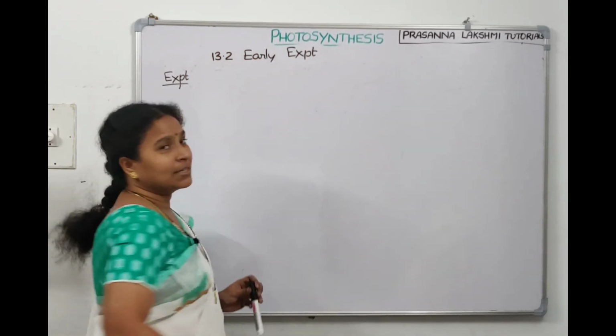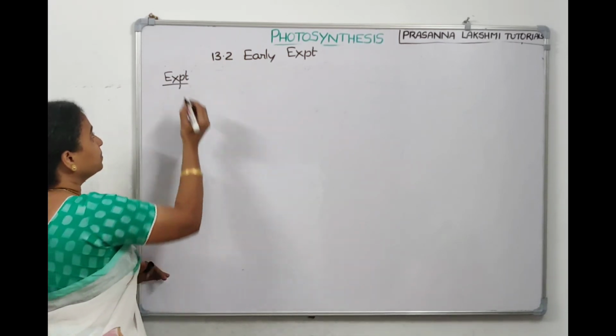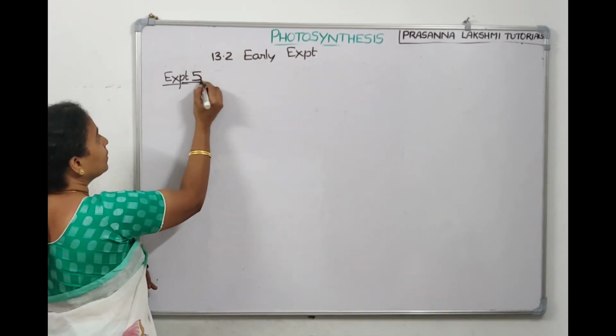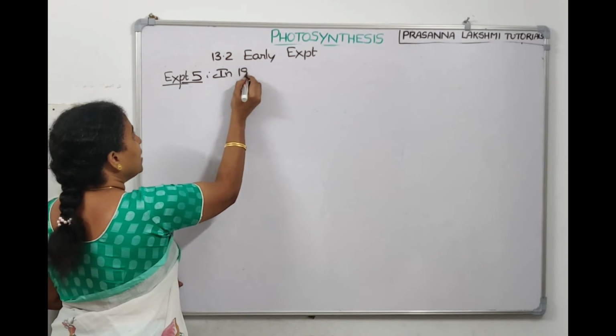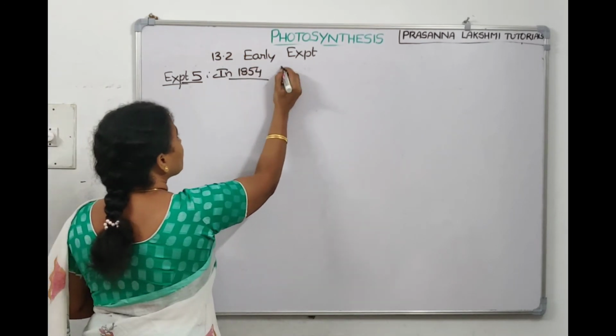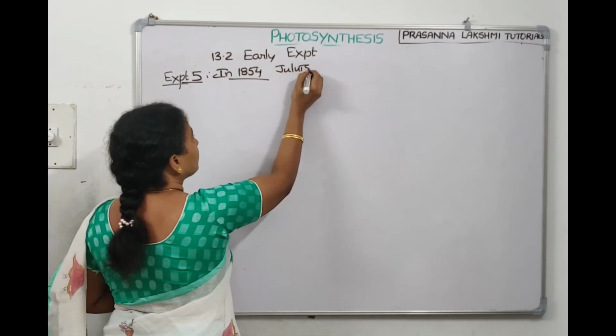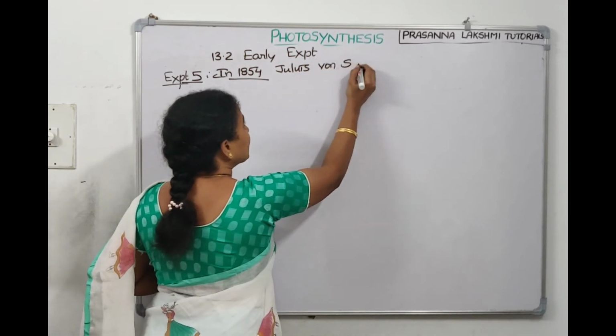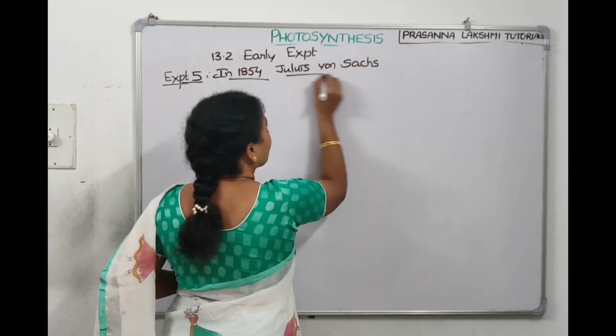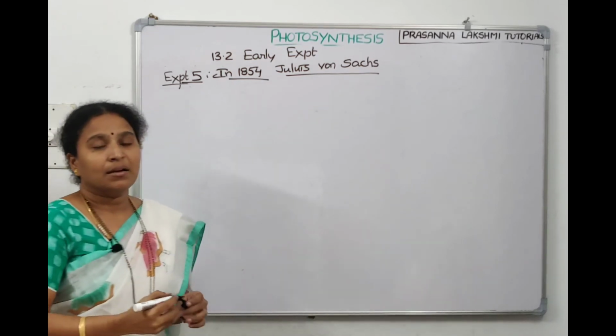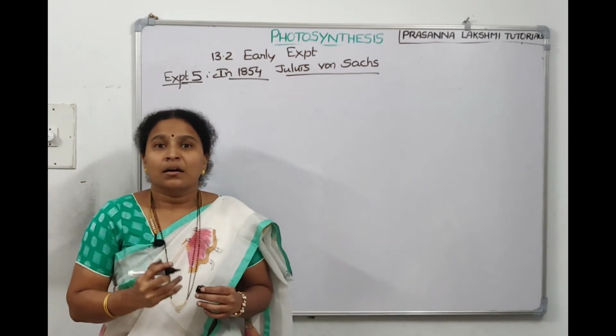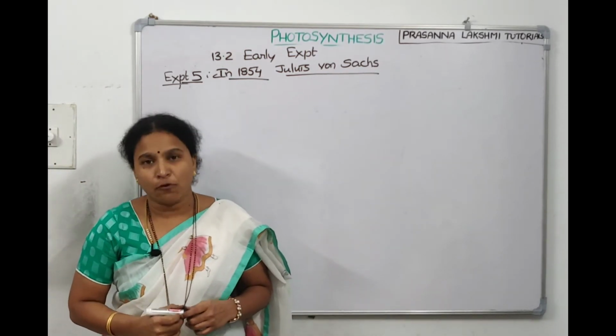He is the same scientist here. So, experiment number 5, in the year 1854. What is his name? Sachs. What did he tell? He told that glucose is the product of photosynthesis.